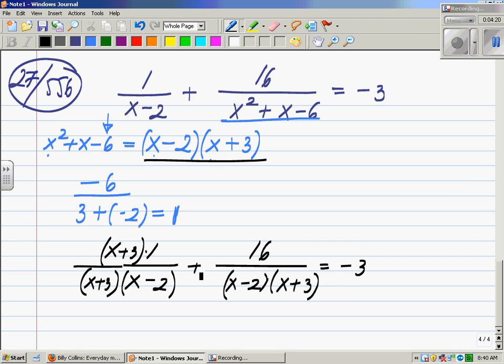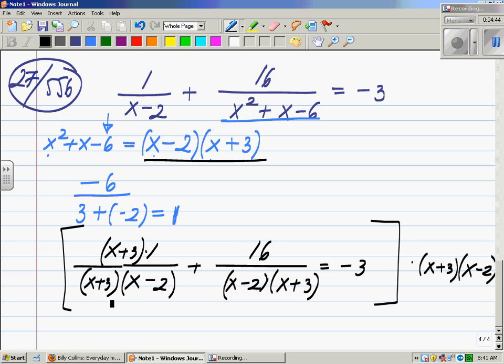Now, because that is the common denominator, in order to solve this equation, I have to multiply both sides by it. So I'll multiply my whole equation by x plus 3 times x minus 2.